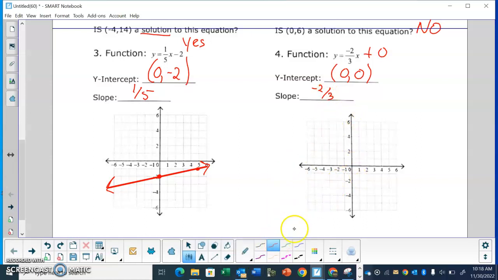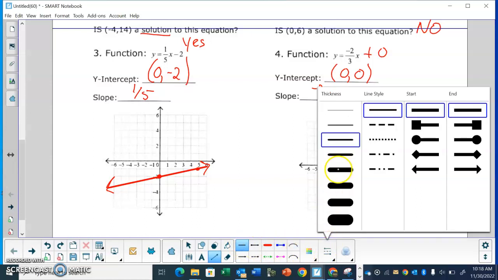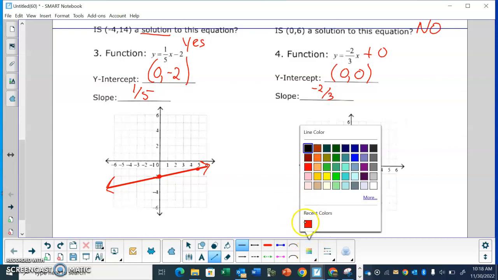So (0, 0) is my first point. And then my slope says go down 2 and over to the right 3. So now I have 2 points in, pretty far apart, so I can go ahead and graph this line.